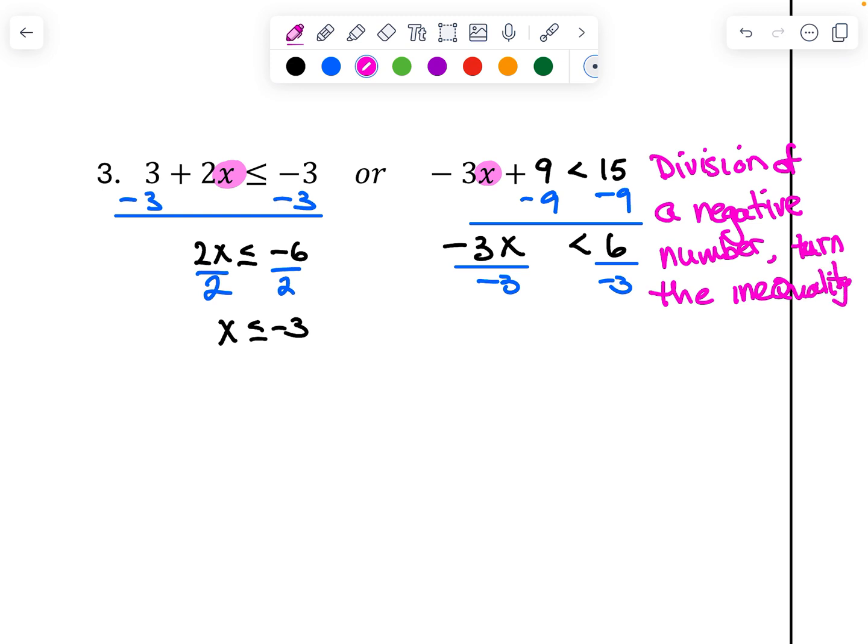So because this is a division of a negative 3, that is going to turn. So I'm going to have x is greater than negative 2.